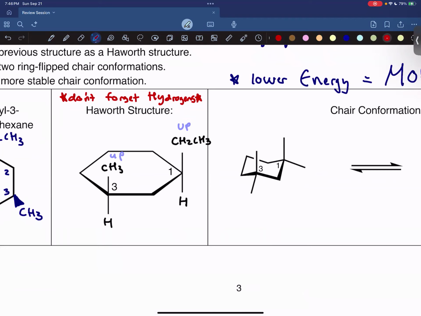So this is going to be our up color. And so we just have to start up for both of them.